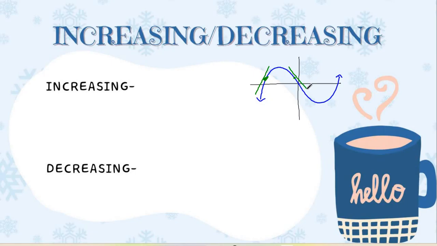As my slopes of the tangent lines are negative, it's going to be going down. And we know that our slopes of the tangent line are also our derivatives. So we will be increasing when f prime of x is positive and decreasing when f prime of x is negative.